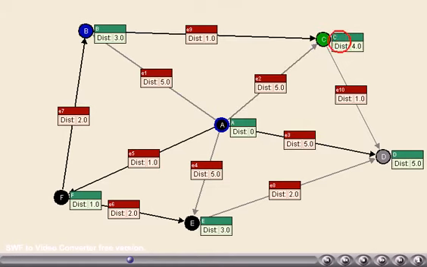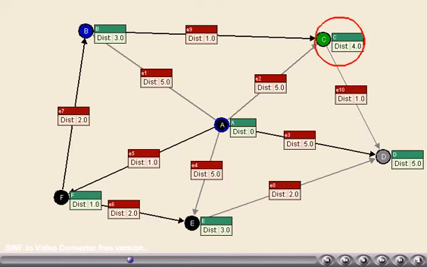Now B's neighbors which are in the ready state, that is C, if we observe, C is having direct distance of 5 via the edge E2 from A. However, if we go via B, the distance to C from A is 3 plus 1, 4.